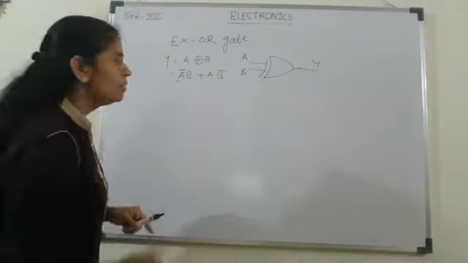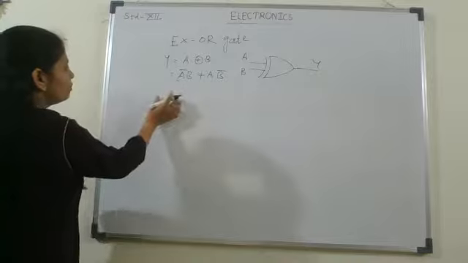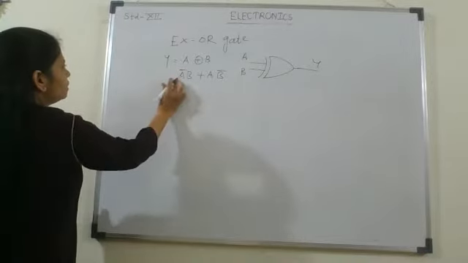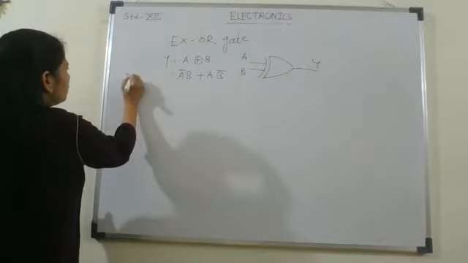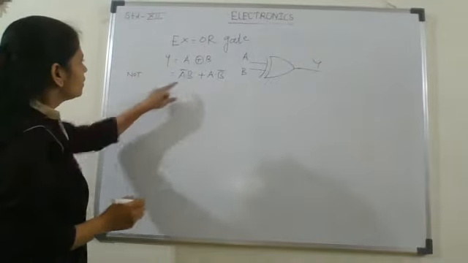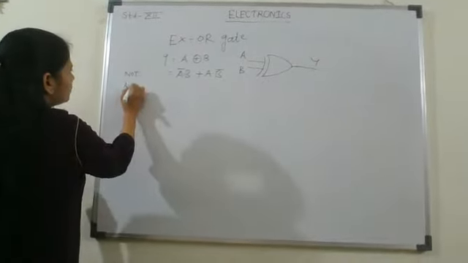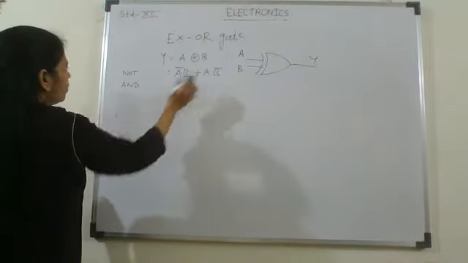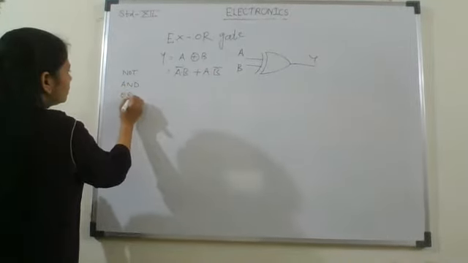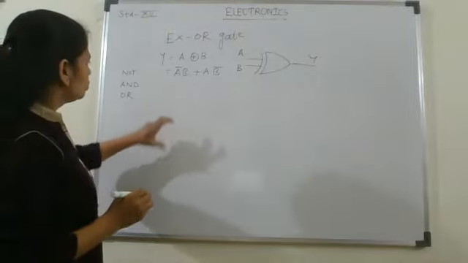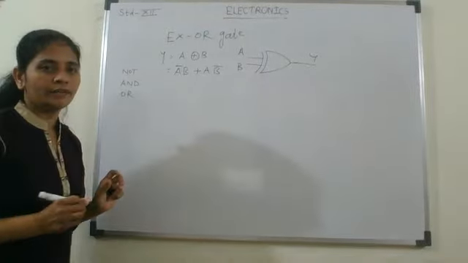Here we can write which gates we want first. A bar means we require a NOT gate. Then we require an AND gate. Then we require an OR gate. So two NOT gates with two AND gates.